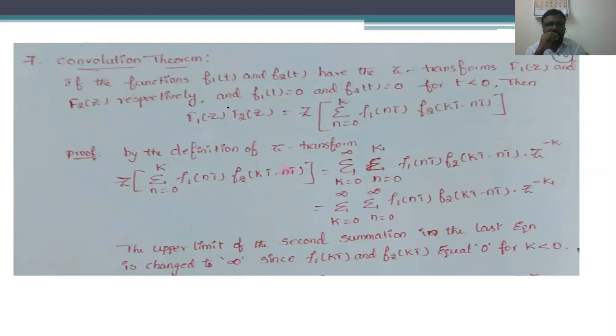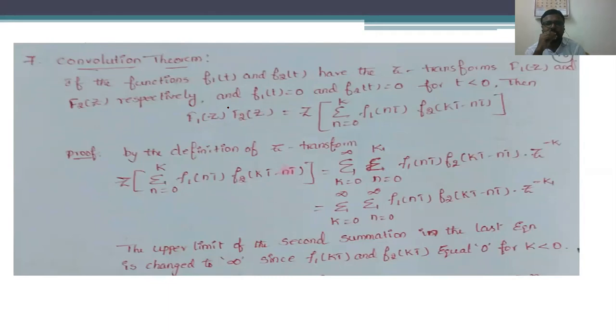So placing these summations side by side, we can take these values from 0 to infinity.